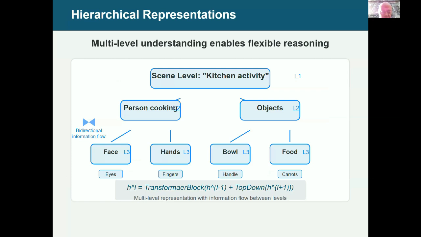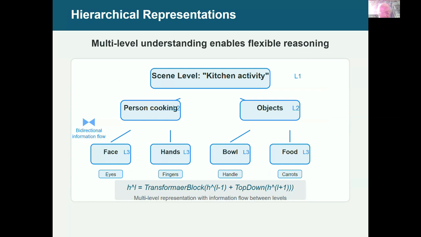And then let's move on to hierarchical representations. The second component of our framework involves hierarchical token structures, as you can see in this tree-like visualization. We implemented multi-level transformer encoders operating at different semantic scales.